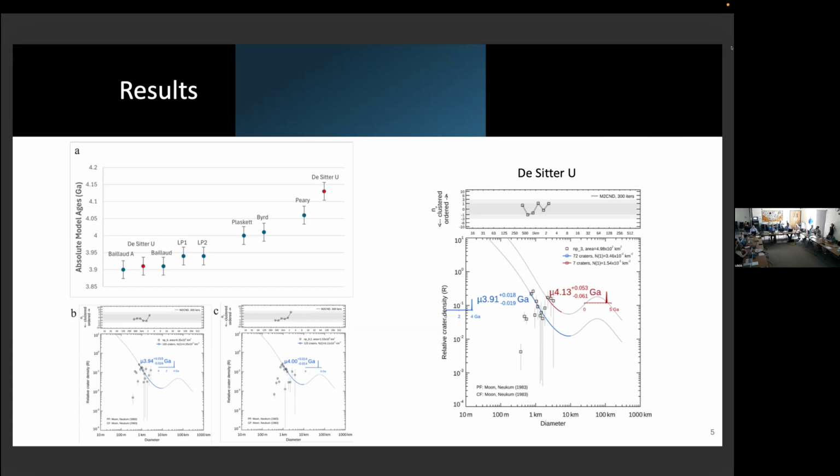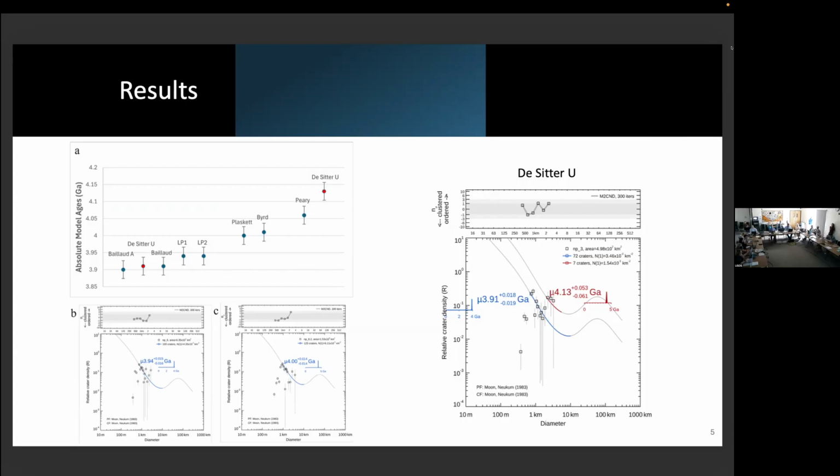But we have some of them, which are the closest to the pole, that are older, and they have this 4 billion year age, and it's 3 of them. One of them, which you can see in red, the plot on the right, called Desita U, was the only plain that exhibited both.